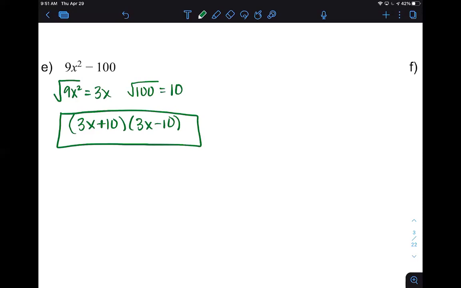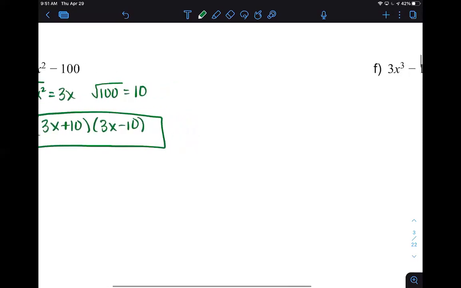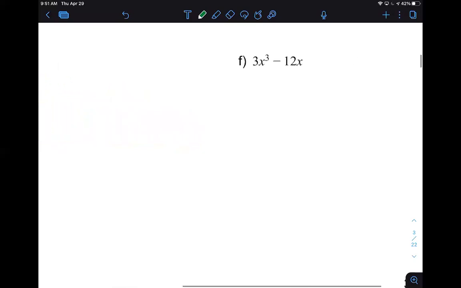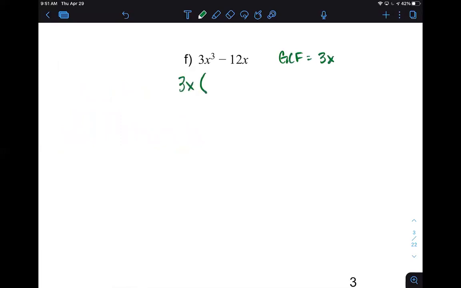All right. Then looking at F. 3x cubed minus 12x. Is there a GCF? What is it? 3x. So factor that out. What's 3x cubed divided by 3x? 1x squared. And then negative 12x divided by 3x? Minus 4.